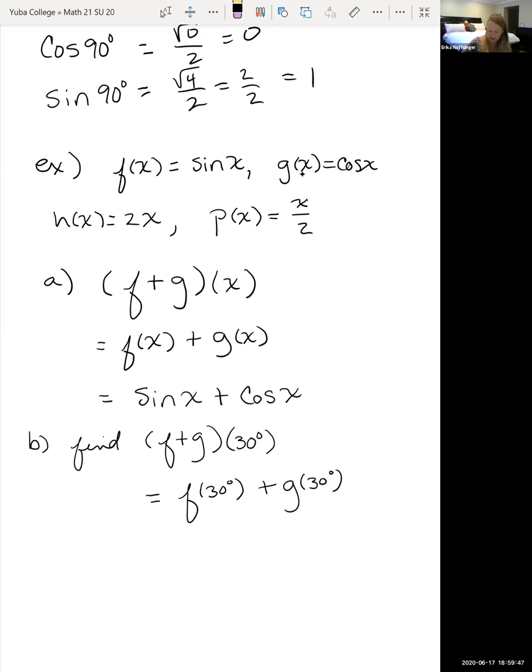That notation is telling us we're plugging in 30 degrees wherever we see a variable x in that expression. And so we have sine of x, so sine of 30 degrees, plus cosine of 30 degrees.